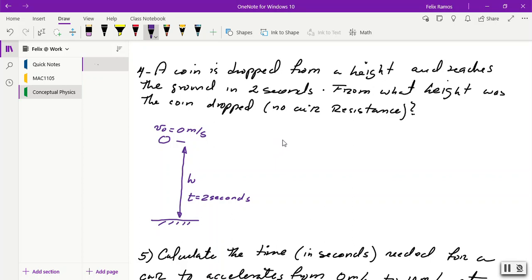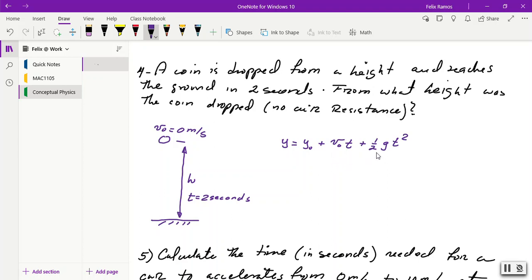We know a formula that says that the final position of a body along the y-axis is equal to the initial position plus the initial velocity times the time plus 1/2 gravity times the square of the time, right?